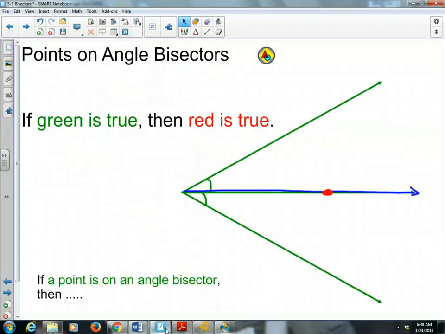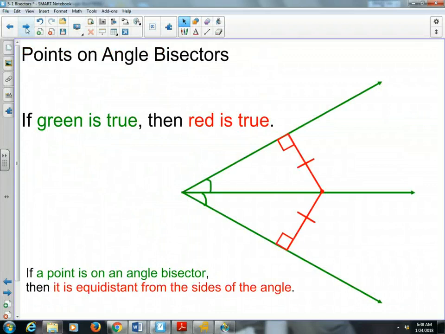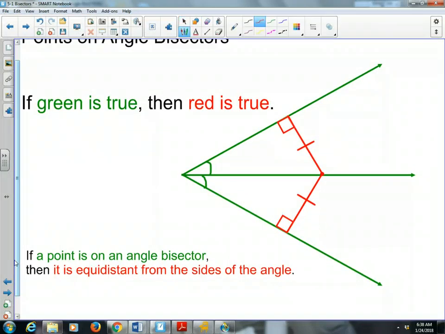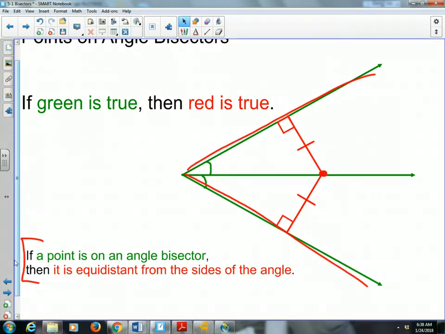And that's what this is going to say right here. If a point is on an angle bisector, which it is, then it's an equal distance from the sides of the angle. So from this side of the angle and this side of the angle, this point is an equal distance away.